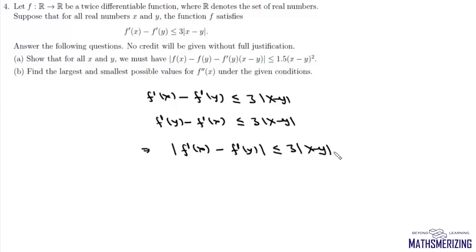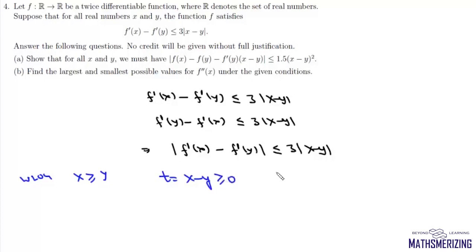x minus y. Now what we'll do is, without loss of generality, we'll assume that x is greater than or equal to y, and when we fix x and y, we'll define this t as x minus y, and this t will be greater than or equal to 0.